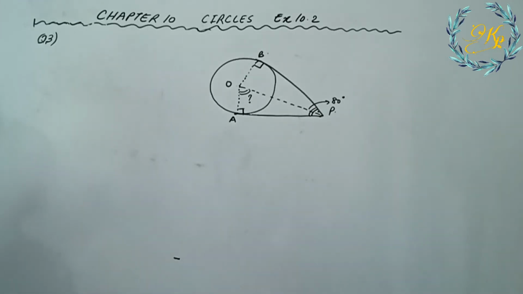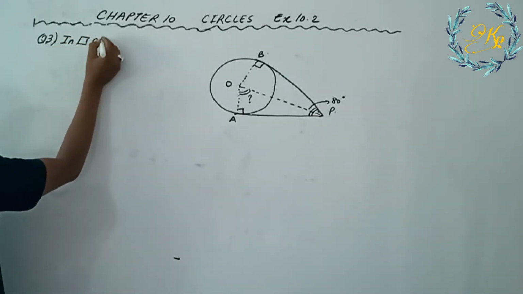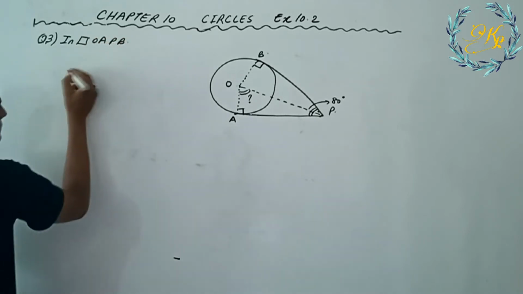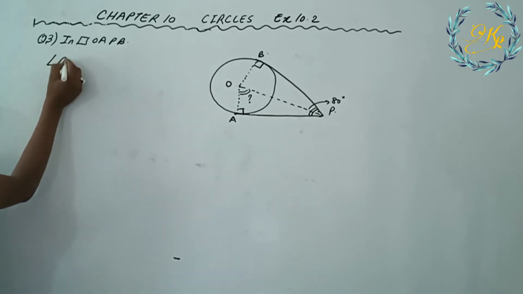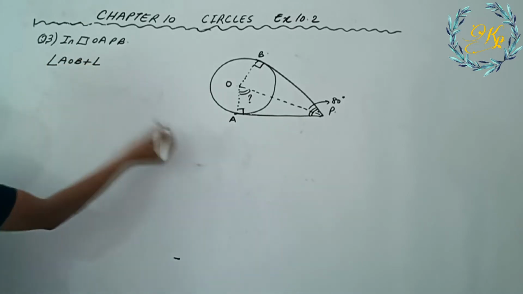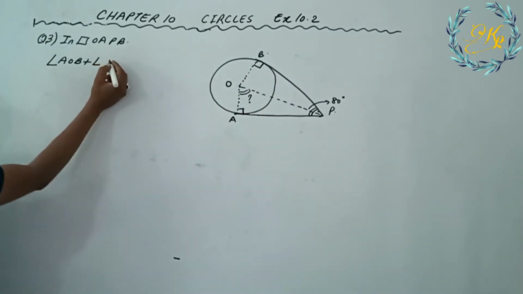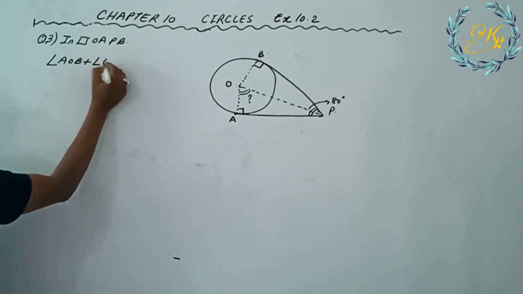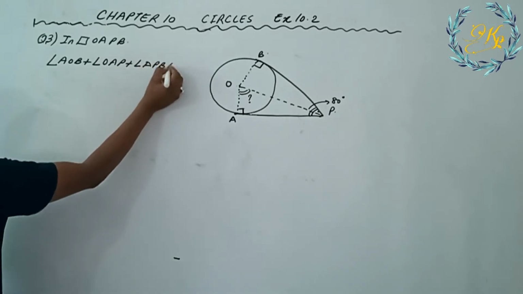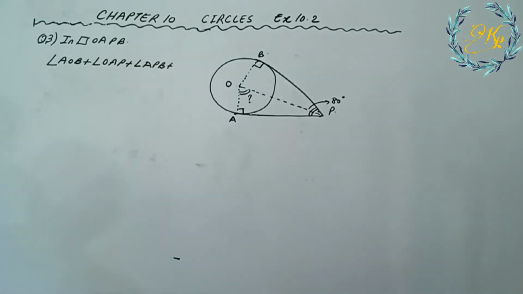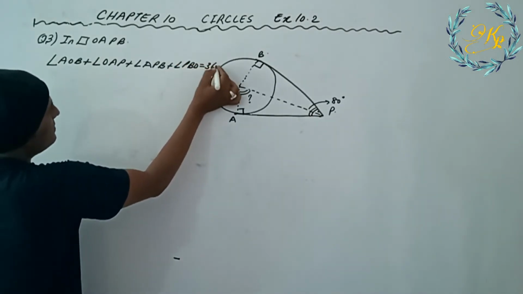We will take the sum of the measure of all the angles in quadrilateral OAPB. Angle AOB plus angle OAP plus angle APB plus angle PBO is equal to 360.